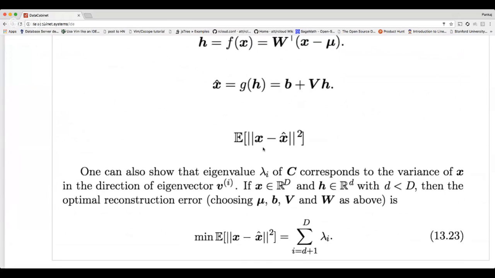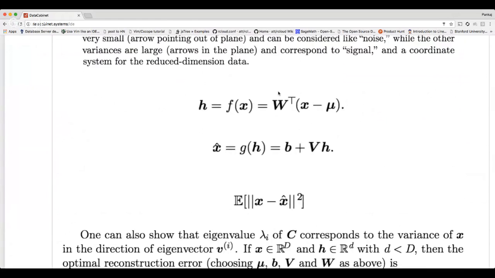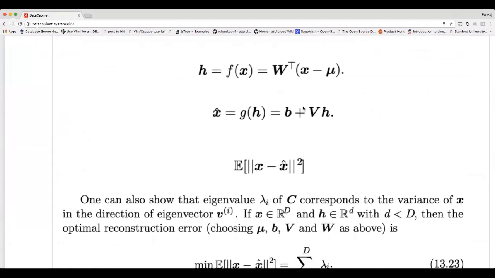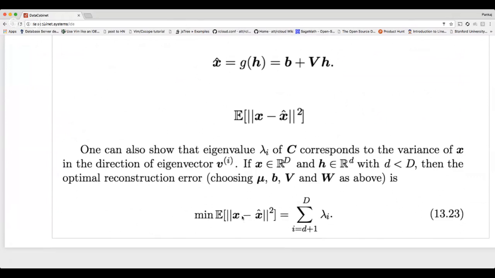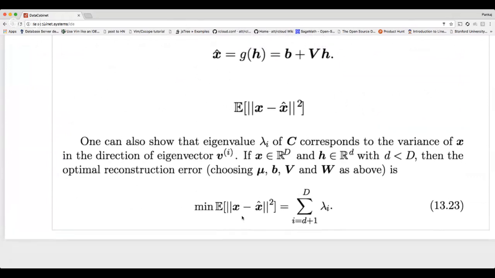Let's suppose X has a rank of 5, so it will have 5 eigenvectors. If you take four of those, then the remaining eigenvalue will be the error in the reconstruction.